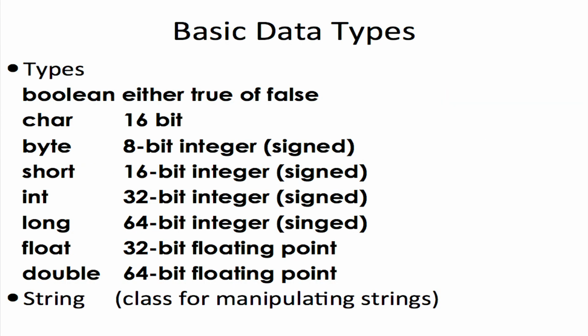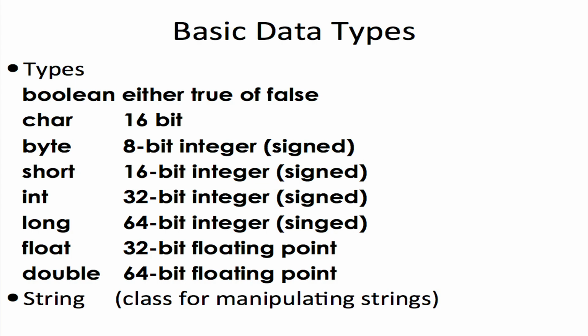Now see the first category, that is primitive data type. We have the list of primitive data types. First of all, boolean, which stores true and false values. Character stores a single character, but its size is 16-bit, meaning 2 bytes. Byte is 1 byte or 8-bit, and it will also store integer values.